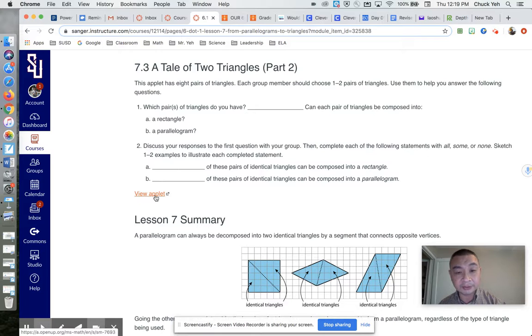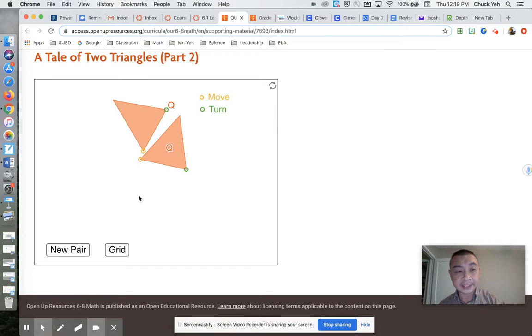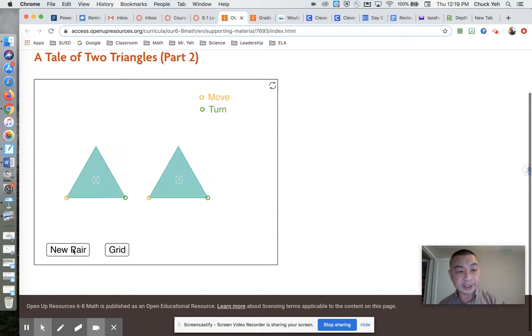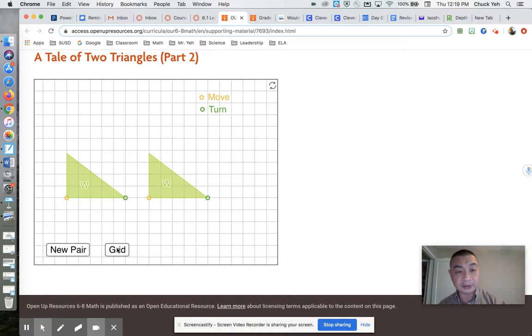When you click on the view applet, it'll look like this. You can have new pairs every time, and you can also have a grid if you want. You can move this around with the green, and then you can move this around with the yellow.